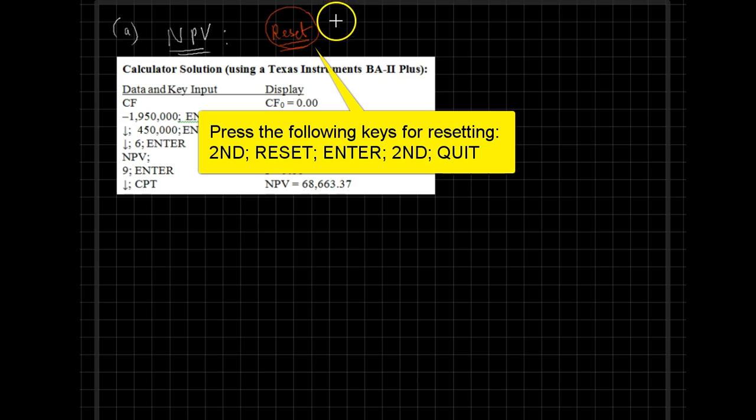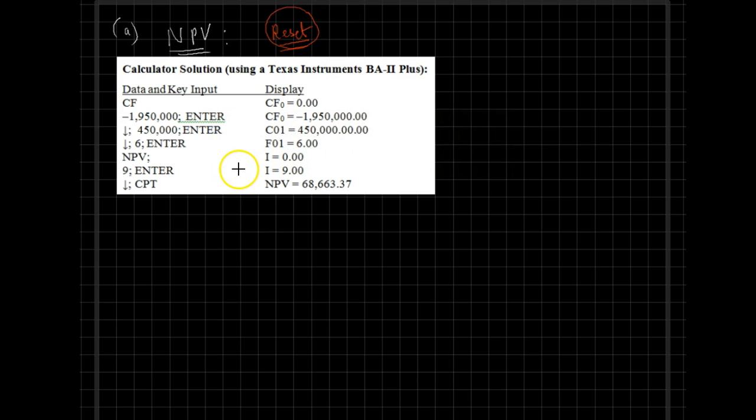Now, in order to answer this question, we first press our cash flow key. That would be the second key from the left on the second row, and the display in your calculator will automatically show this. Then you enter the initial outlay of $1.95 million.